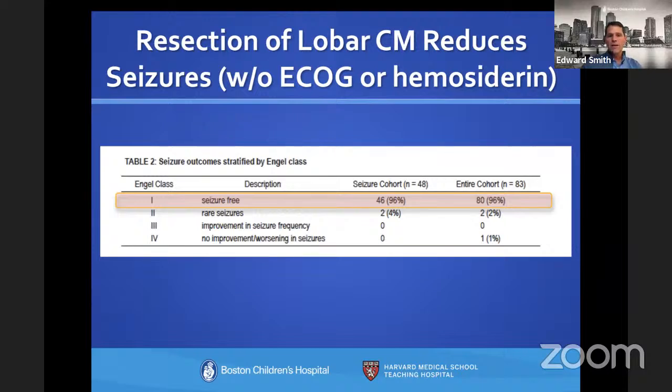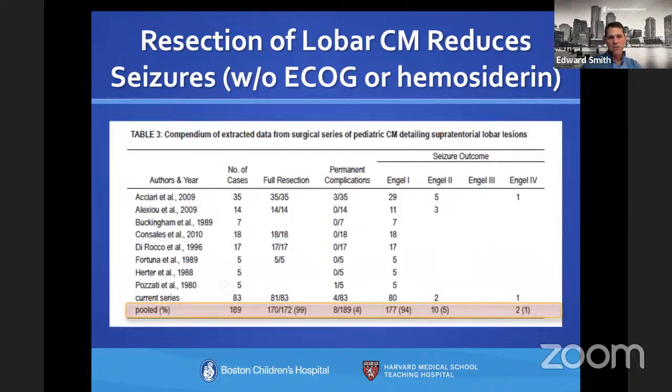So you don't necessarily need to use ECOG or take out all the hemosiderin. Just removing the lesion alone will really improve their seizure outcome. And I think this is an important point for people to get too aggressive about chasing hemosiderin. The bottom line here is that you can improve their seizure symptomatology just with resection. And I think this augurs that we should remove them.